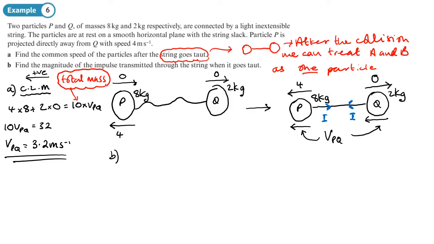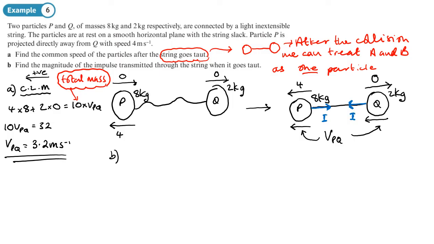Before, when they collided, the impulses were pointing in opposite directions. In this one, can you see the impulses are pointing towards each other? At the moment the string goes taut, particle P gets a pull back to the right by the string, whereas particle Q gets this pull to the left by the same piece of string.